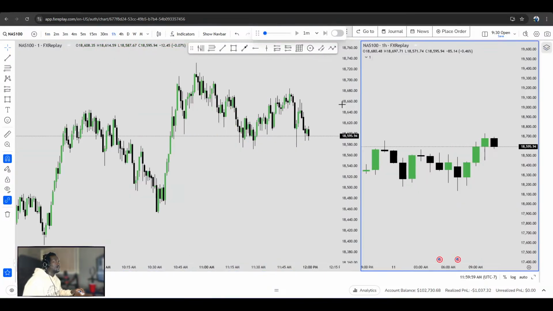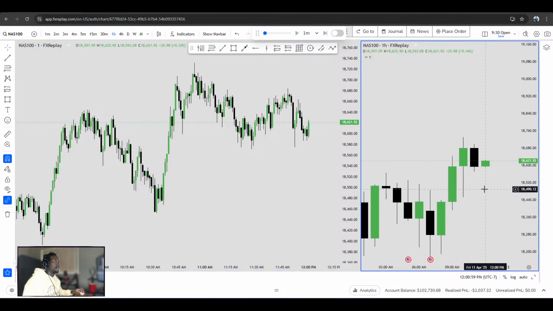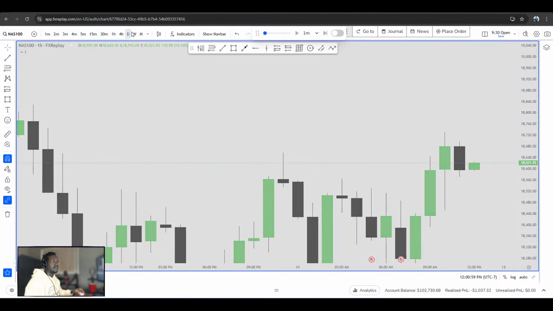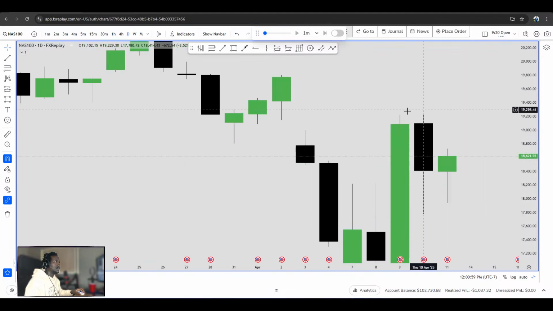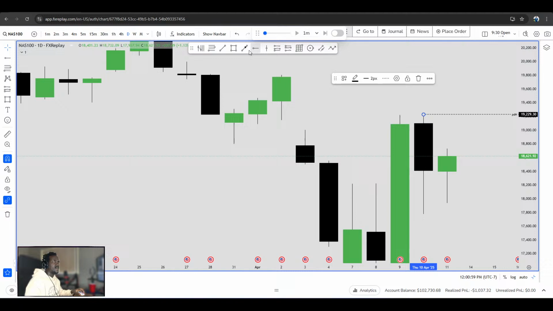All right, so what I'm gonna do is just go to the front, open up that new candle right there, and first of all let's see where we are on the daily. We are in between the previous day range, previous day high and previous day low right there. In terms of top-down analysis, this is the least you could do.